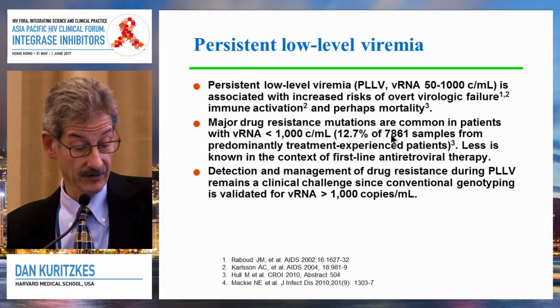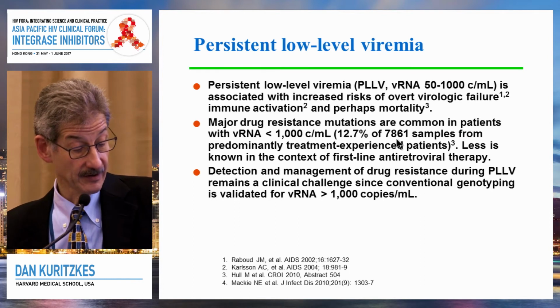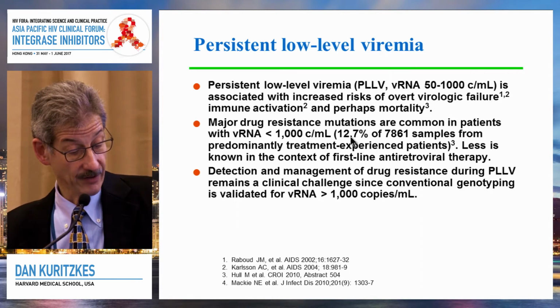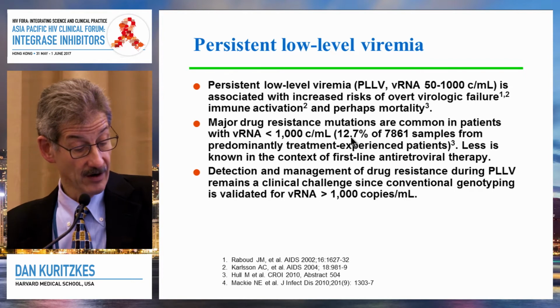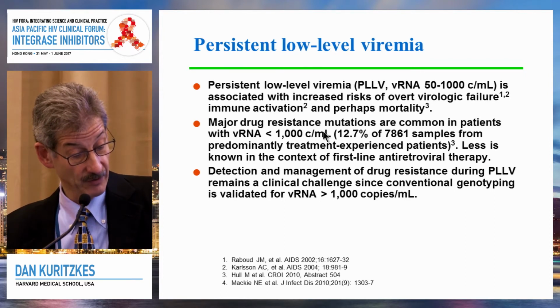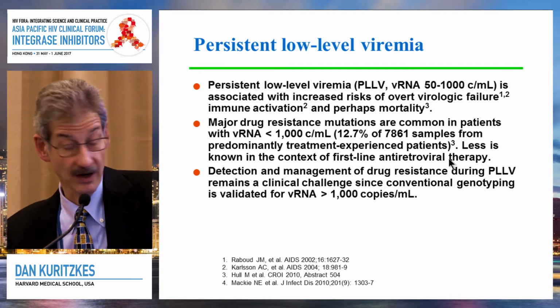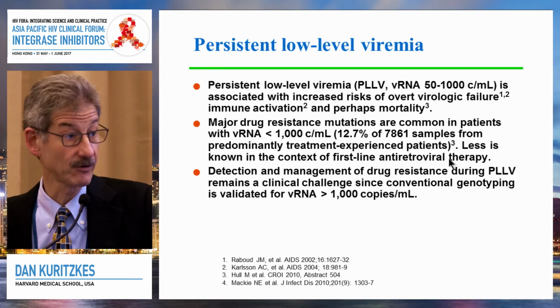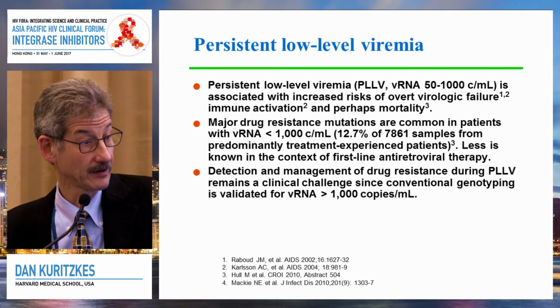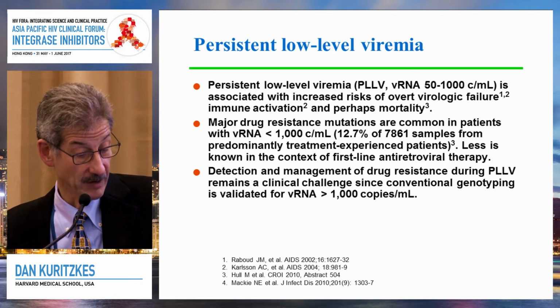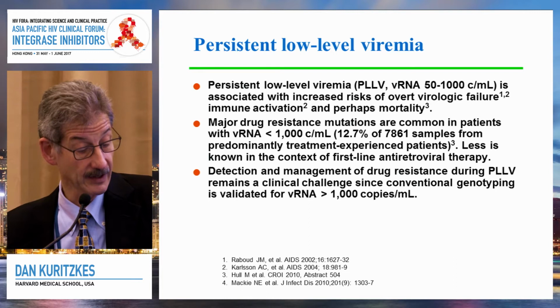And in one study of nearly 8,000 specimens, there was about 13% prevalence of resistance. But those were mostly from patients with extensive treatment experience, and it's less clear in the context of first-line antiretroviral therapy how common resistance might be, and that was why we chose to study it.